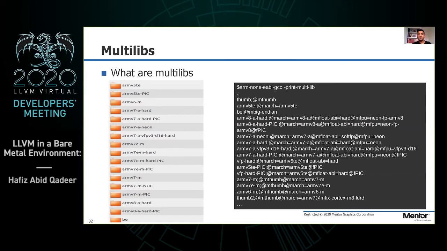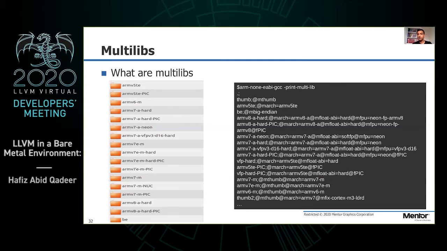So here I'm showing a CodeSourcery toolchain. On the left side, you see the contents of its sysroot folder. You see a lot of different folders here. On the right side, I show what GCC prints when I give it the -print-multi-lib switch.